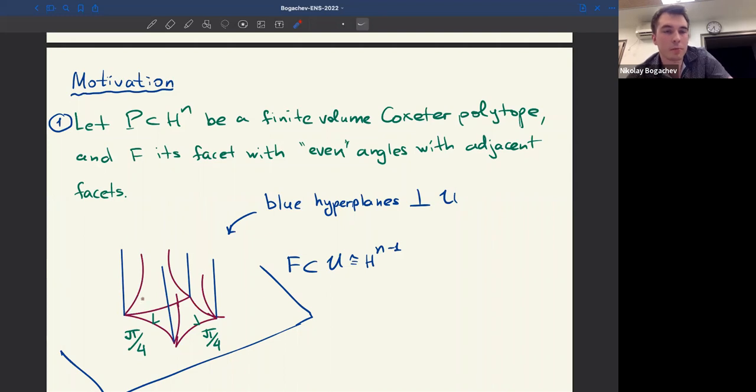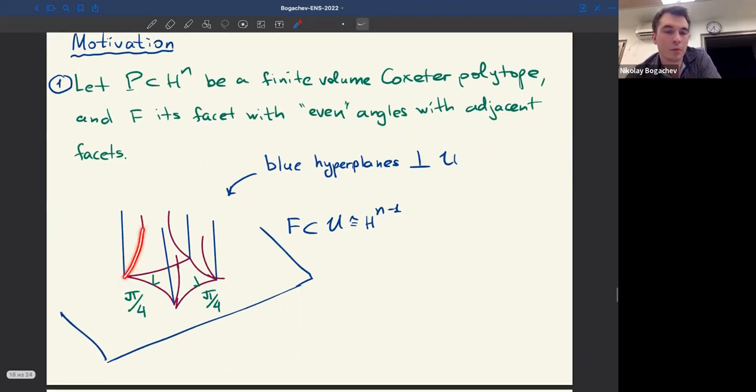So I have this picture, and for example, here are angles pi over 4, but this means that in the group gamma, the group generated by reflections in P, we also have reflections with respect to the blue hyperplanes.